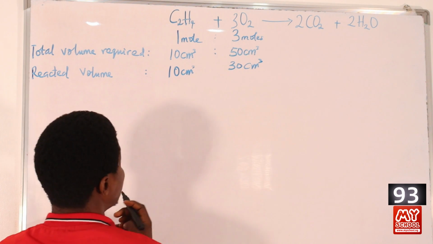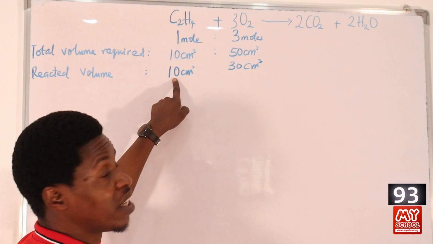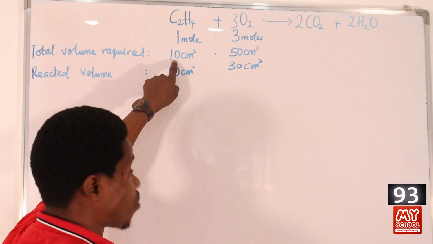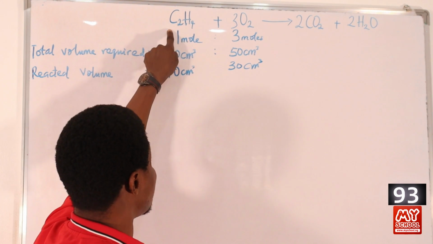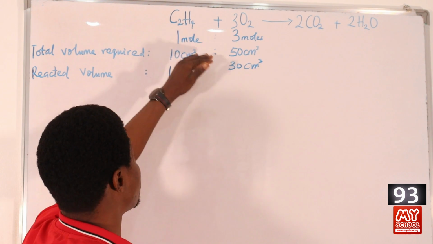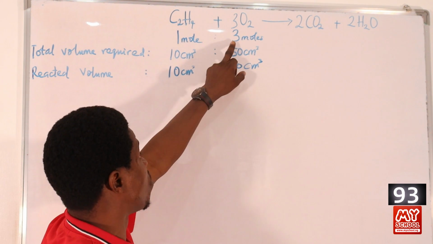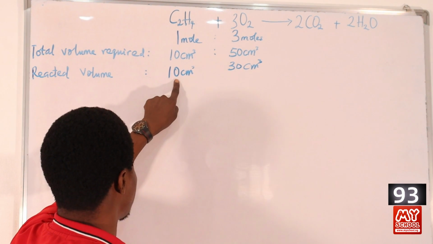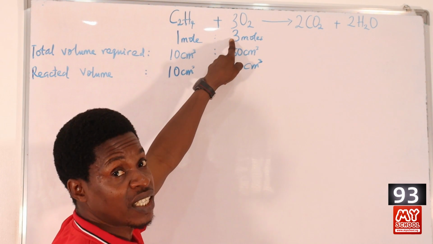So the way they reacted in volume also is in that ratio. The total volume required was told to us in the question: 10 cm3 of ethane is required to react with 50 cm3 of oxygen. But we discovered, based on the stoichiometry, on the mole ratio of the balanced reaction, that the reacted volume was just 10 cm3 of ethane and 30 cm3 of oxygen, because it is ratio 1:3.